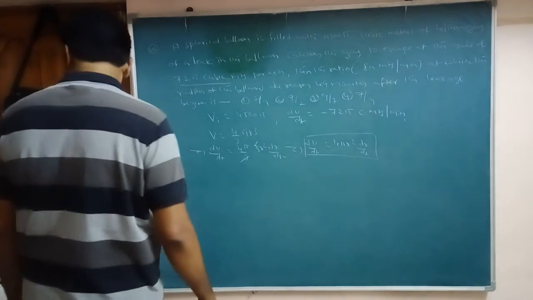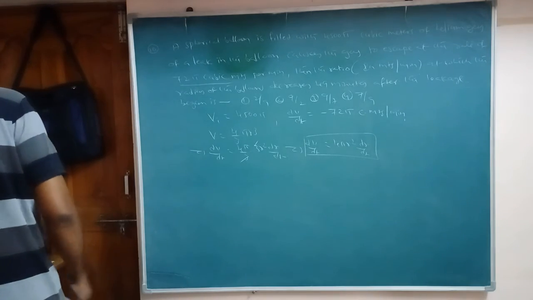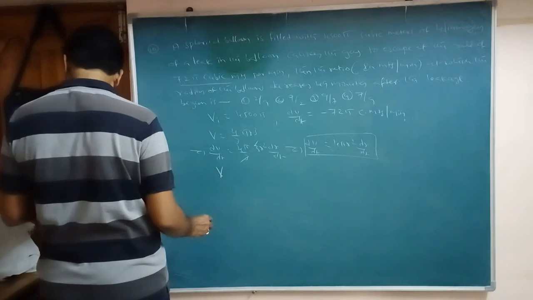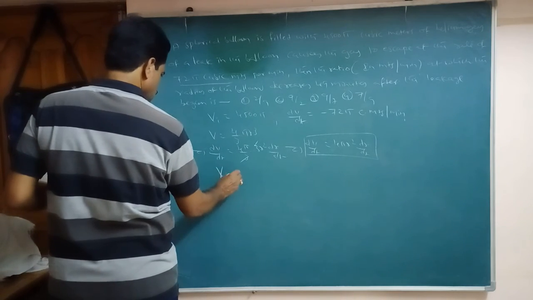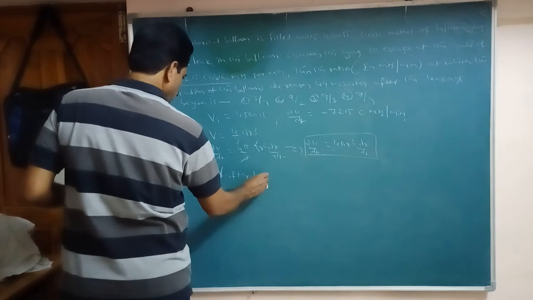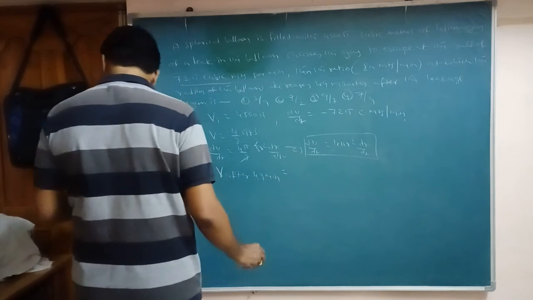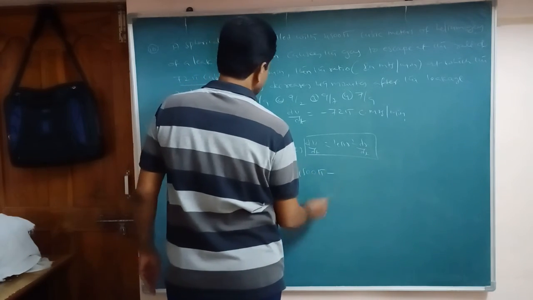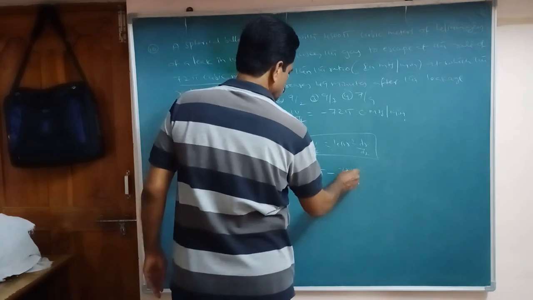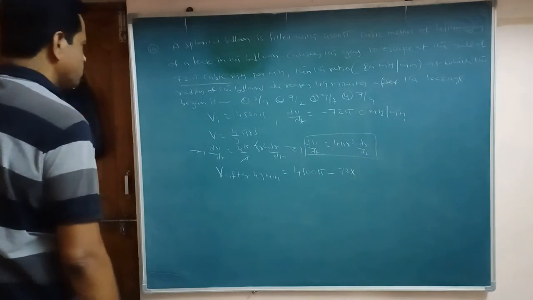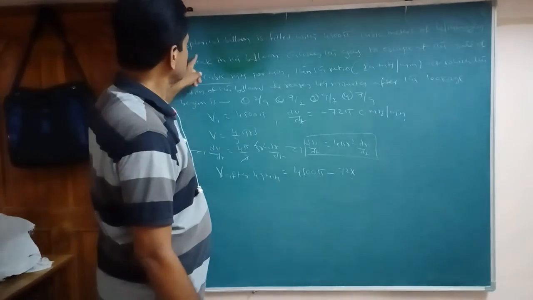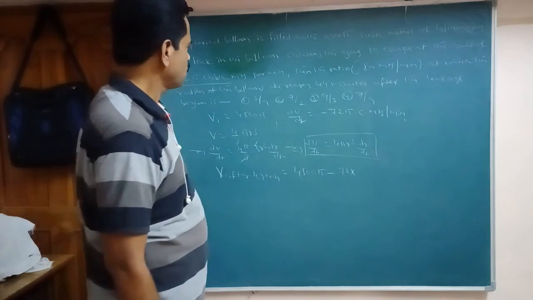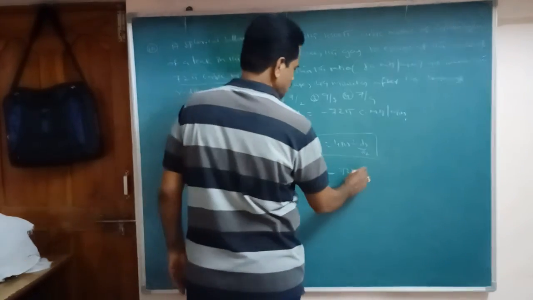So here volume after 49 minutes is 4,500 pi minus 72 pi into 49.